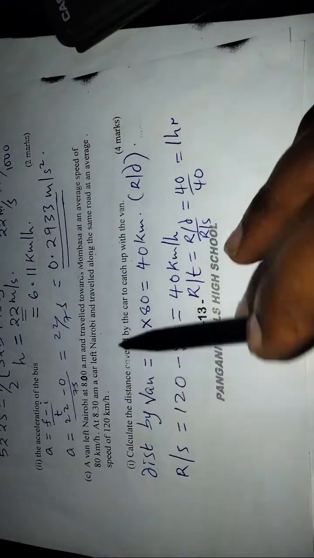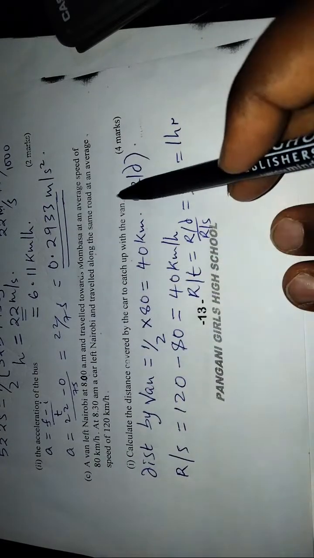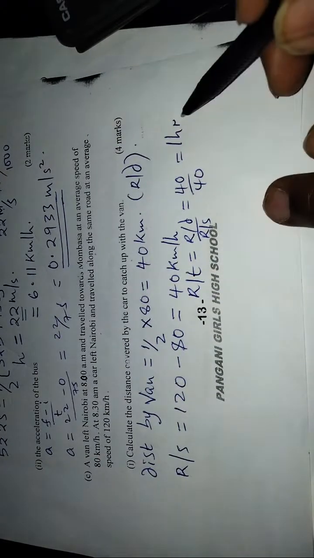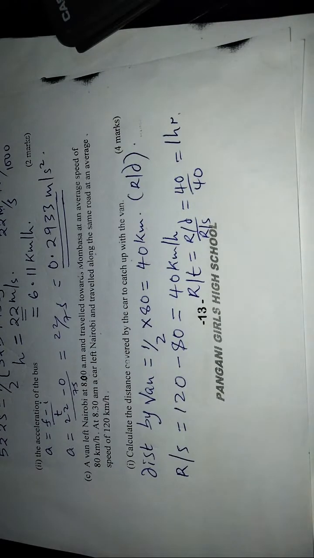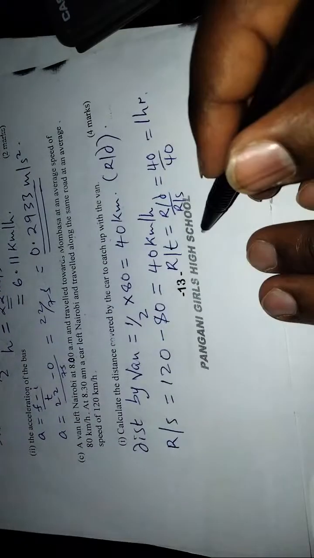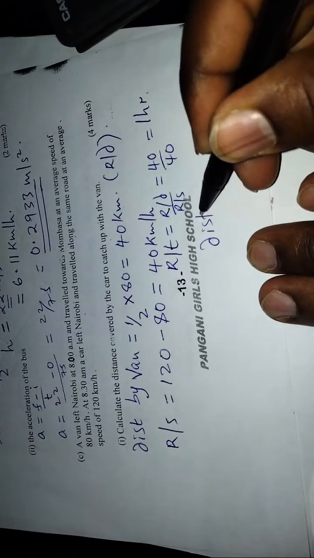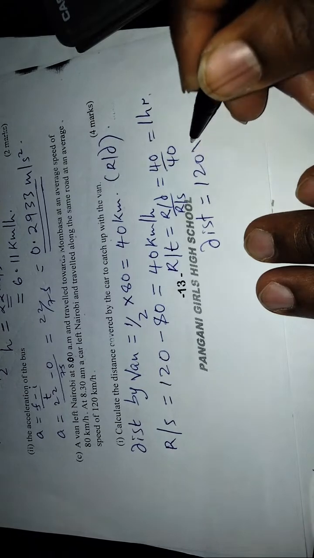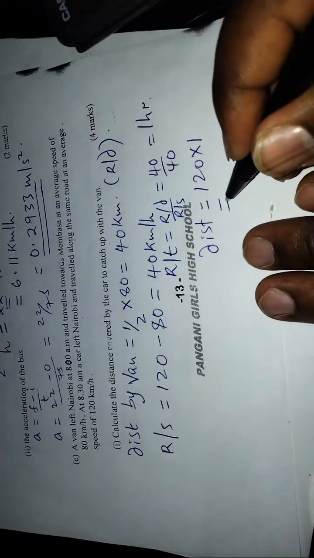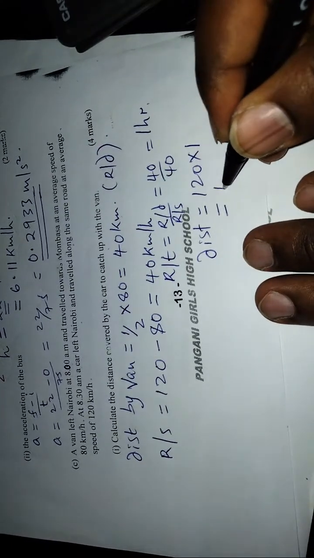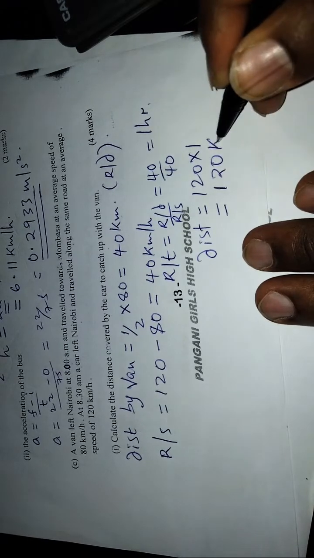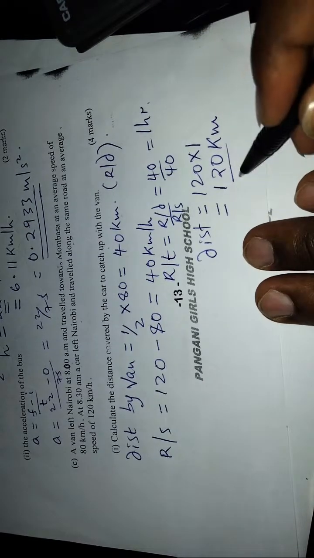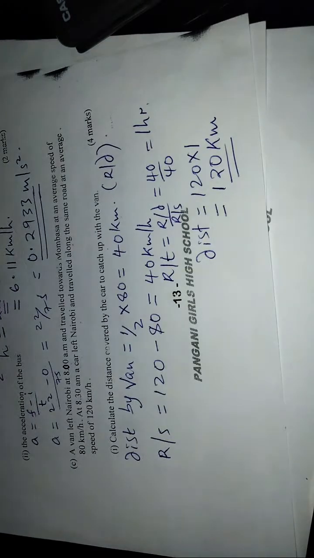Therefore, we are calculating the distance covered by the car to catch up. If they will catch up after an hour and the car has a speed, then we can know the distance the car will cover. Distance is given by speed times time, 120 for 1 hour. This car is going to cover 120 kilometers so that it may catch up with the van.